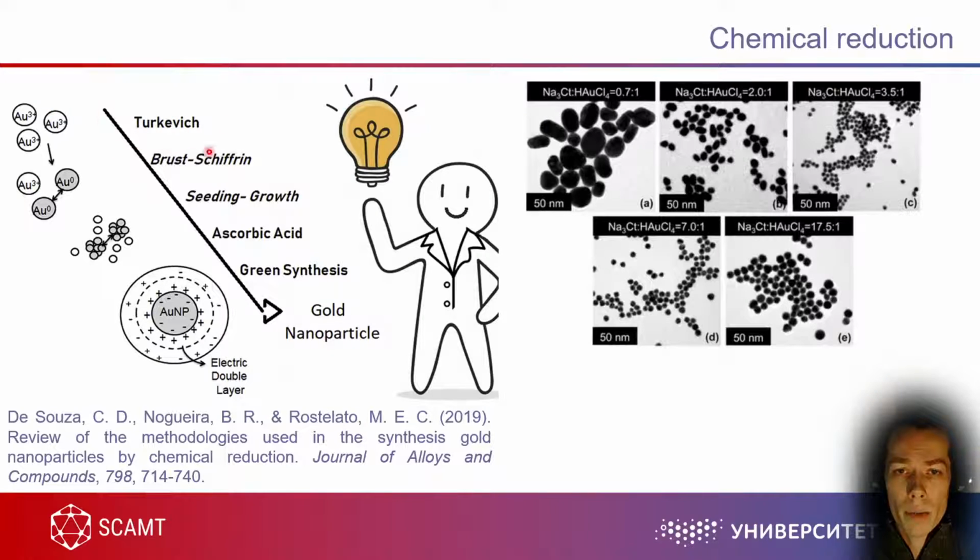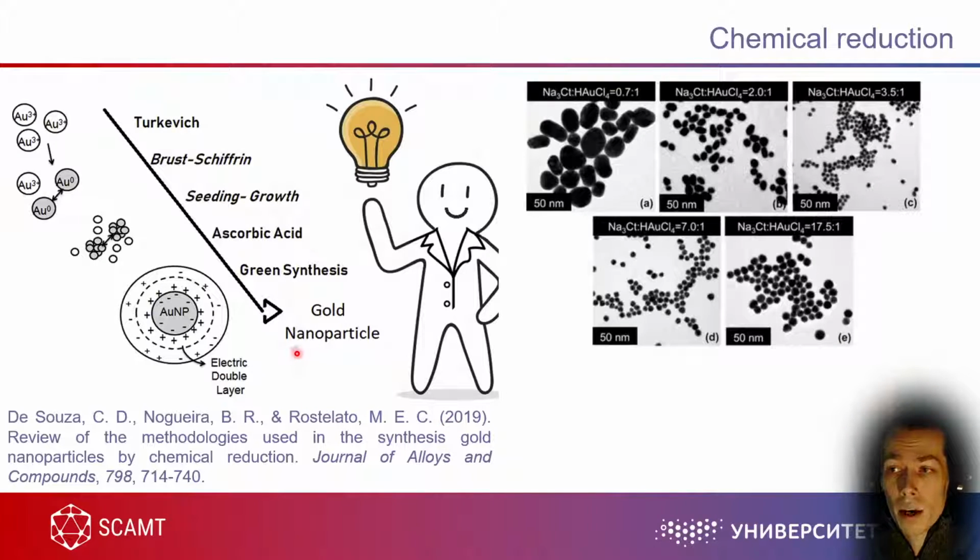The first methods were described maybe in the 19th century, but the most usable one is the Turkevich method, and it was further adjusted by other scientists. Reduction by Schiffrin-Brust was implemented maybe like 30 years ago, and now a lot of papers are devoted to green synthesis of gold nanoparticles. And if you are interested, you can read this very recent paper about different methods for producing gold nanoparticles.